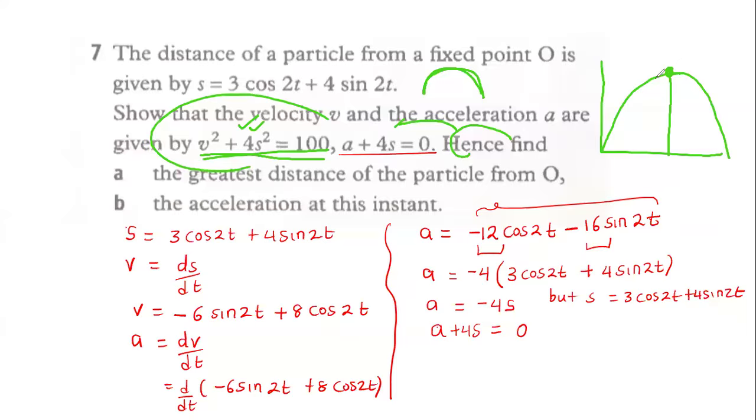Now, members, when you reach your greatest point here, what do you know about the velocity? In the chat, what do you know about the velocity at that point? Bettina, thank you, the maximum point. People are saying the velocity is 0. Thank you. The velocity is 0.